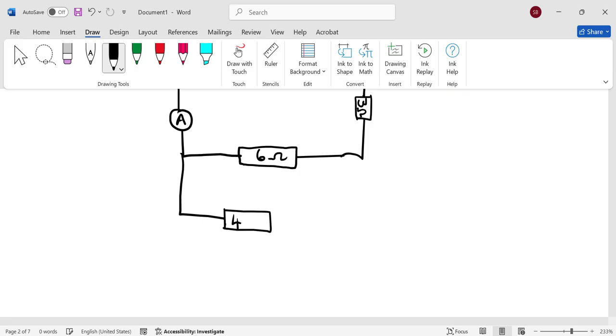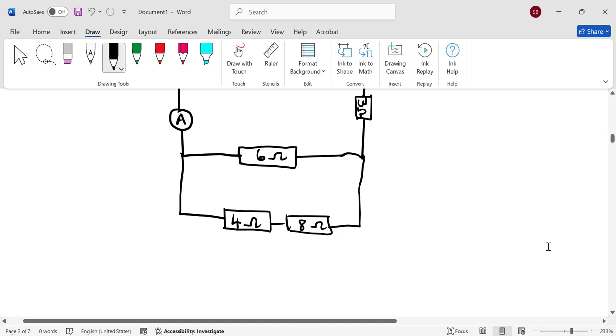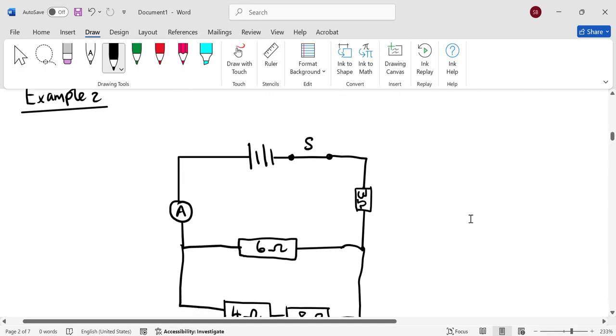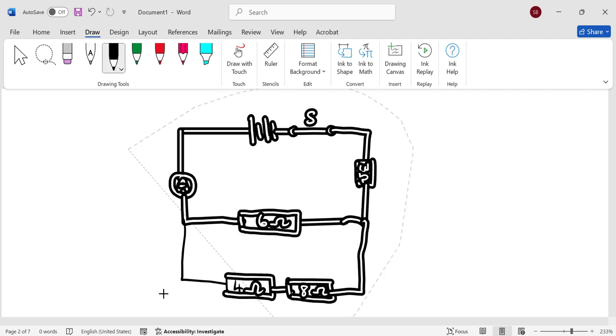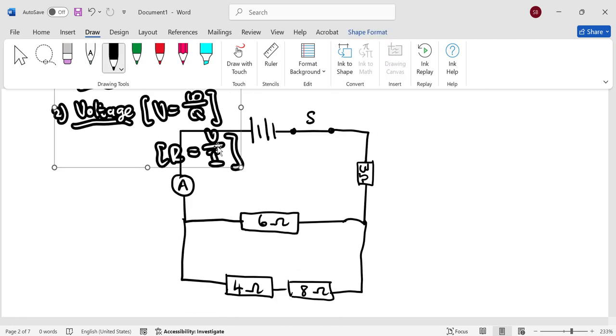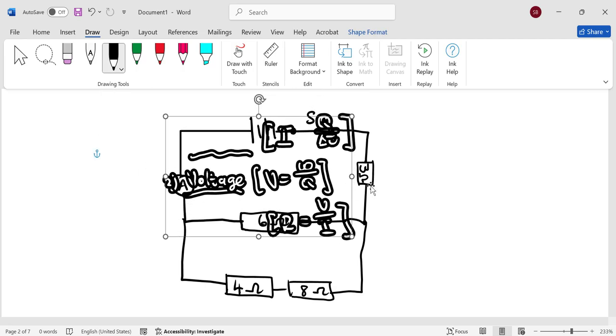That would be a 4 ohm resistor, and that would be an 8 ohm resistor. Now that you have your 8 ohm resistor, what do we then see? I'm just going to push this thing up a bit.